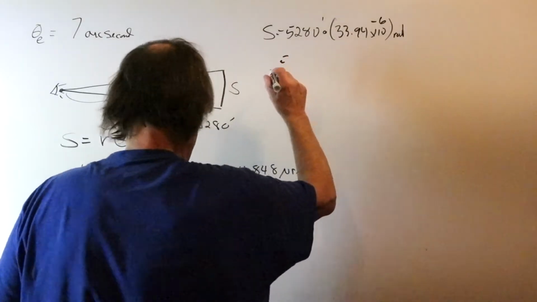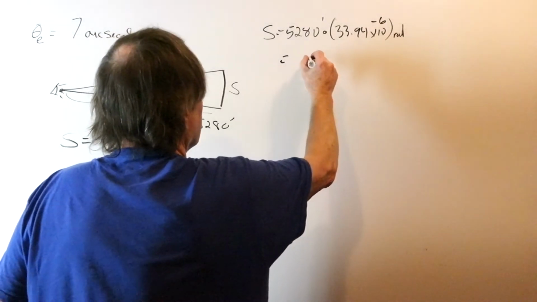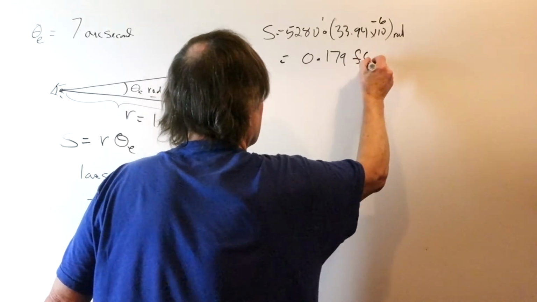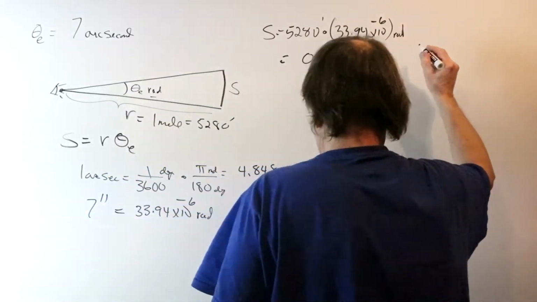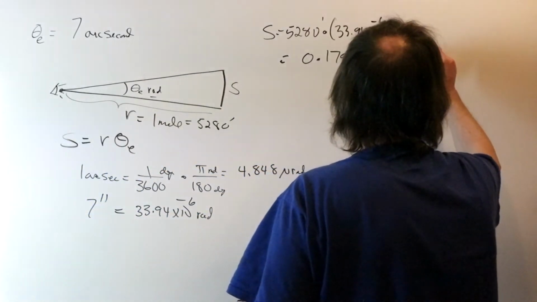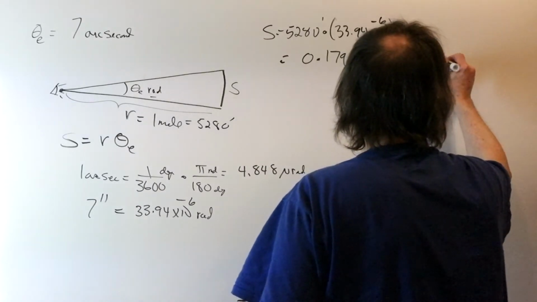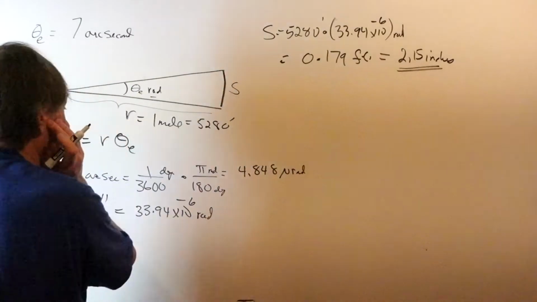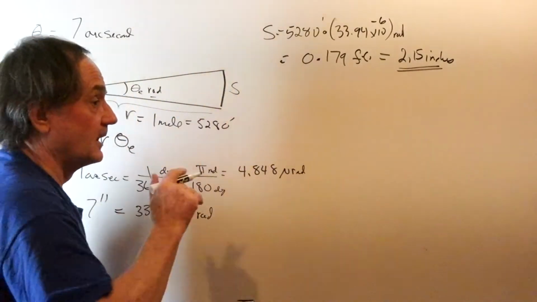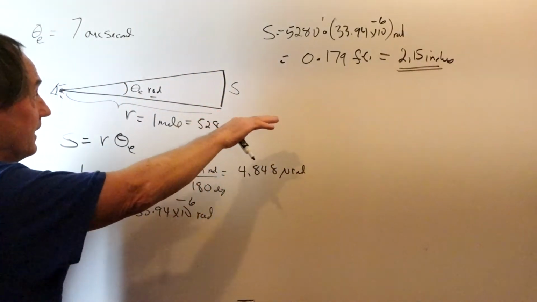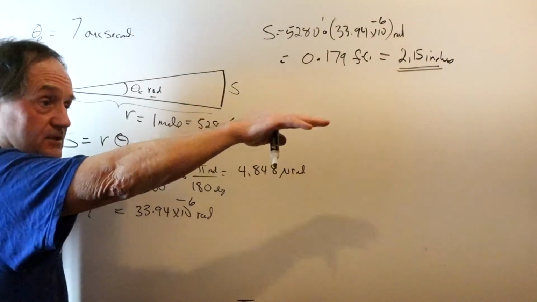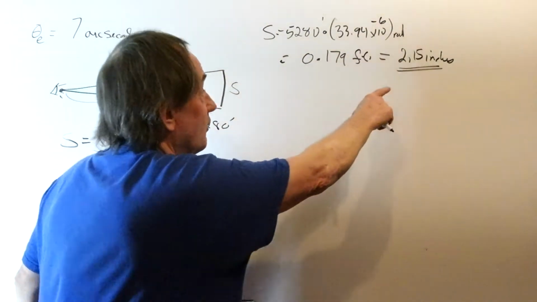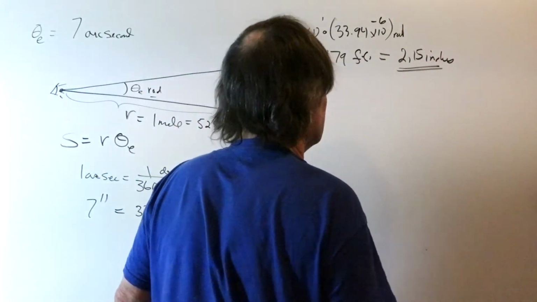This works out to 0.179 feet, or 2.15 inches. So, with my Topcon auto level, if I'm sighting out a mile, then the uncertainty that I have in a height measurement would be 2.15 inches.